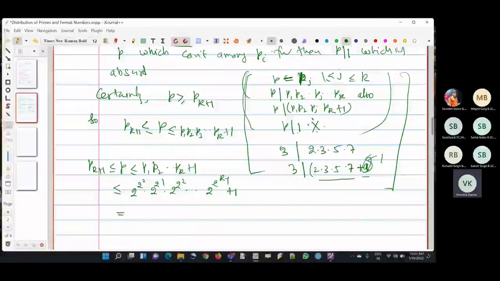Because they are a product and the base in each case is the same, we can add the powers: 1, 2, 4, and it continues up to 2 to the power k minus 1.